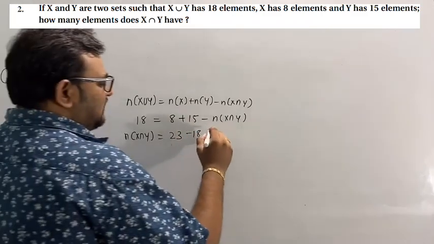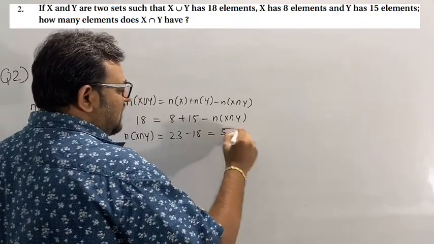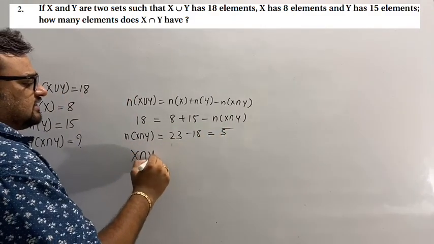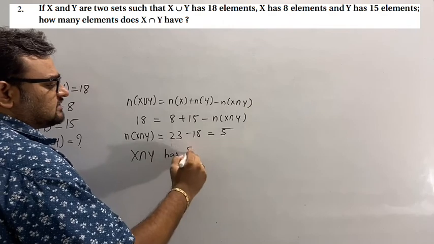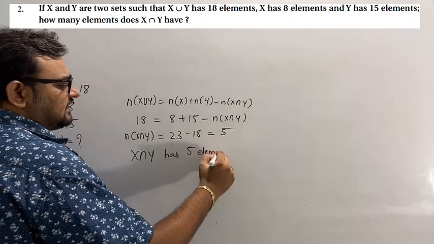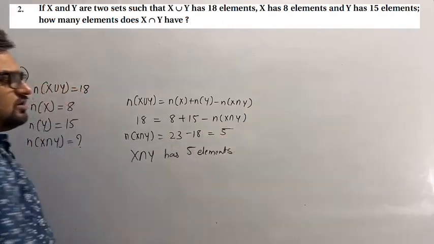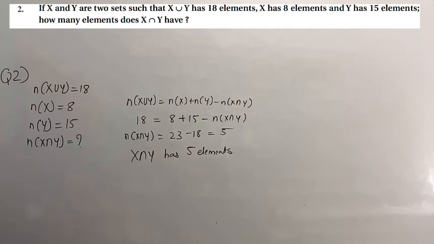So your answer will be equal to 5. So X intersection Y has 5 elements. Okay, so note down question number 2.